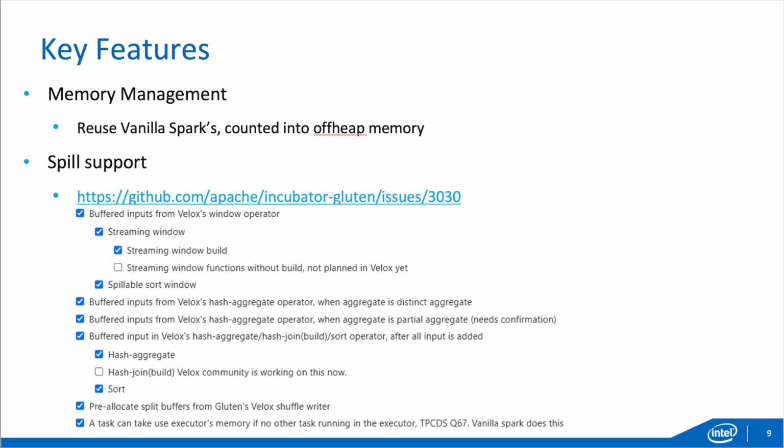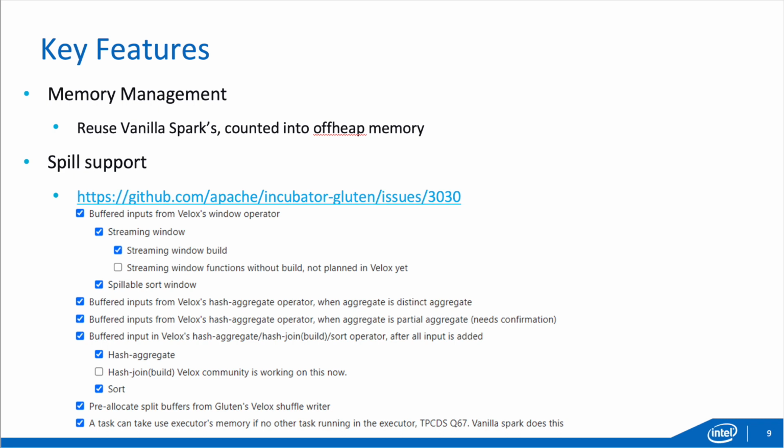And for memory management, we reuse the vanilla Spark memory management and convert it into off-heap memory today, and it's fully supported now. Spill is another big feature in vanilla Spark. We currently support most of the spill cases. There are two exceptions. One is the streaming window, which is still work in progress.